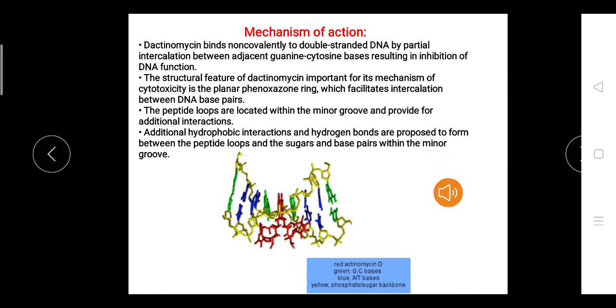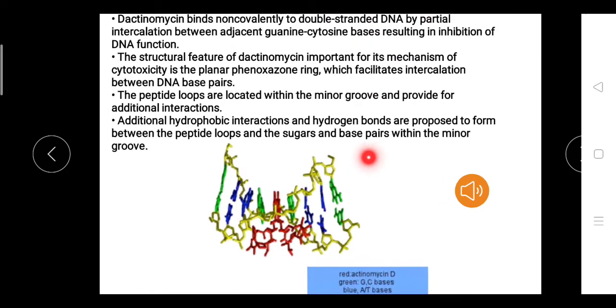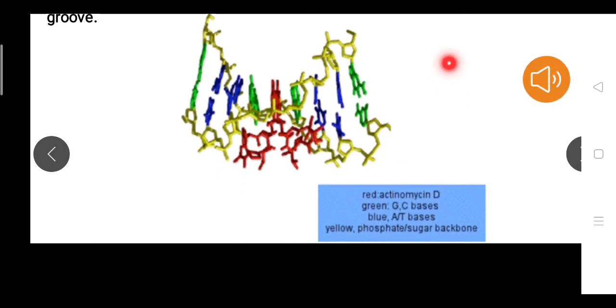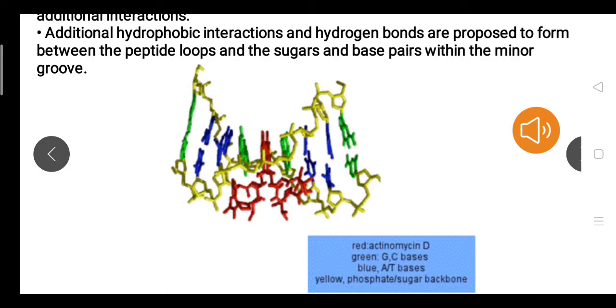Now we'll see the detailed mechanism of action. Here in this figure you will see the actinomycin drug having a red color, which is inserted between the DNA base pairs. It is attached to the guanine and cytosine nucleus bases.